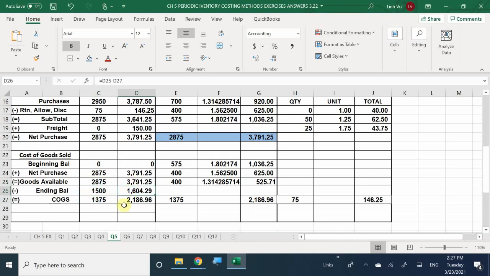So that's probably where you copied the formula. This one is a different formula. This one you're going to solve your ending balance by taking goods available and subtracting the cost of goods sold. Where this one, we took our goods available and subtracted our ending balance to get our cost of goods sold. So they're two separate formulas.